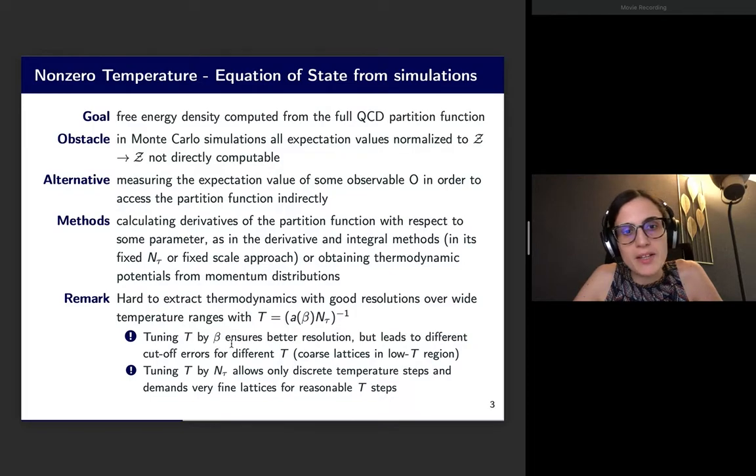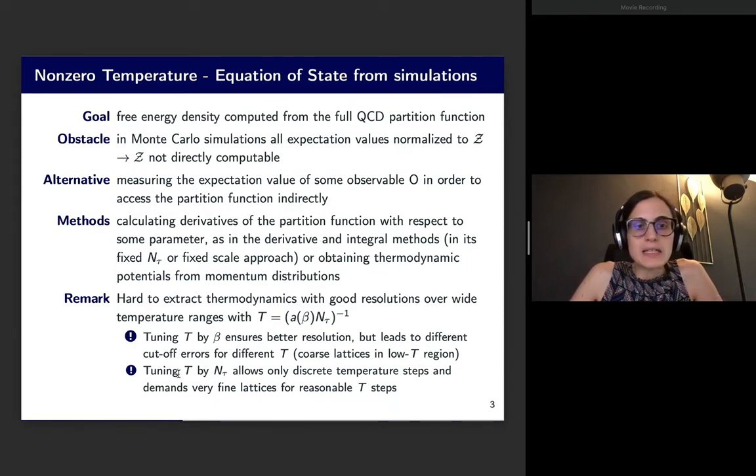Then, if we imagine to tune the temperature by the coupling beta, we know that this is going to ensure us a better resolution, but it leads, for reasons that we will discuss in a moment, to different cutoff errors for different temperatures, because then coarse lattices would be considered in the low temperature region.